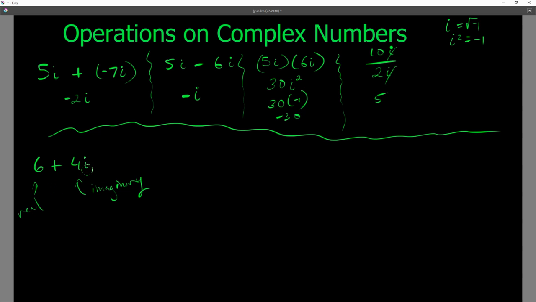Okay, you can't have like 10i. That makes no sense because this one is not i, it's just 6. So when you have these two together, they don't really mix. They just get stuck like that. And we call this a complex number. Okay, a complex number has the real part and imaginary part. And let's learn how to add and subtract them.